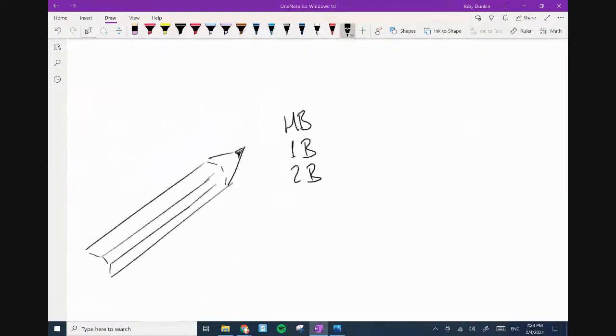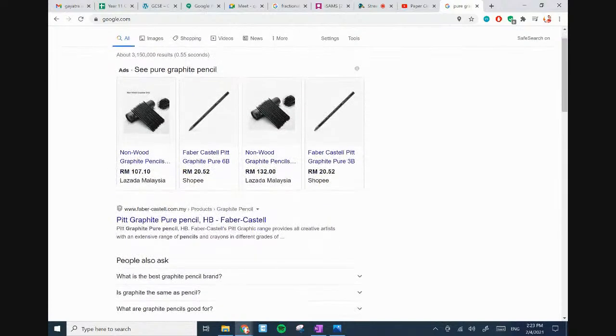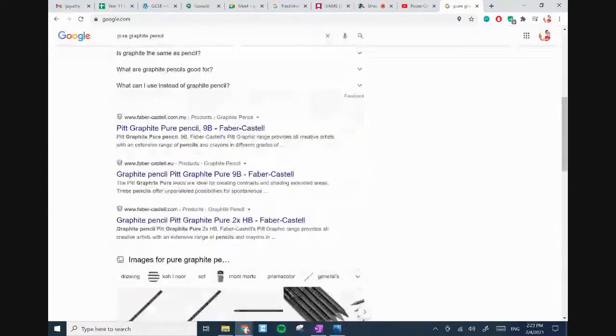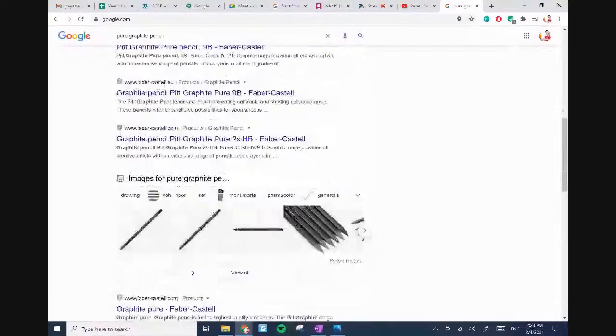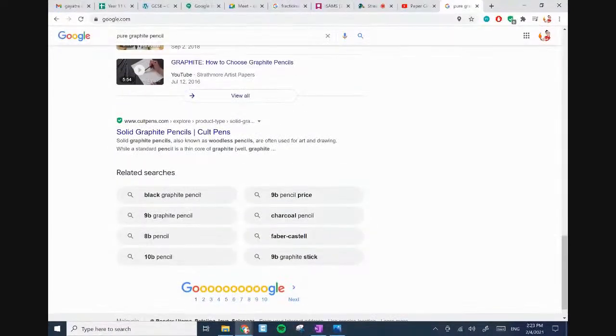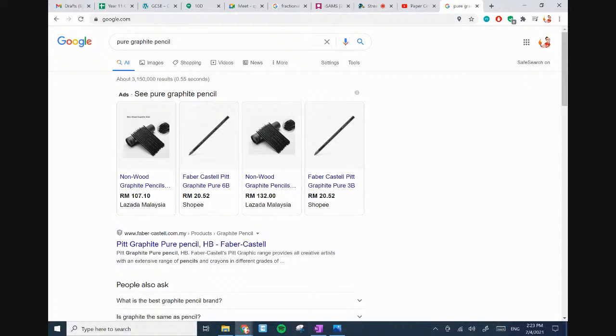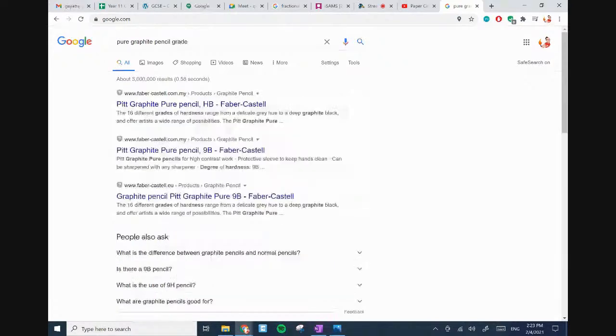So if you want to do the trick you saw on YouTube, you need to have pure graphite, so you need to make sure that you pick the right type of pencil. Let's see which one's pure. Degrees of hardness: you want to go for the softest.